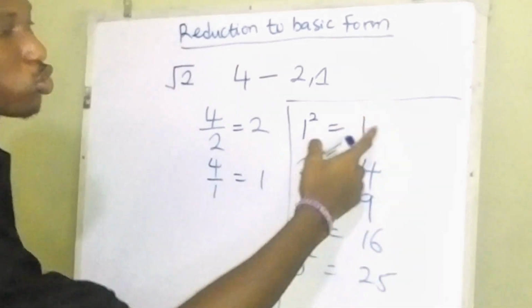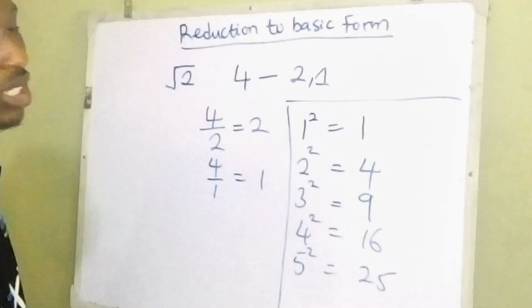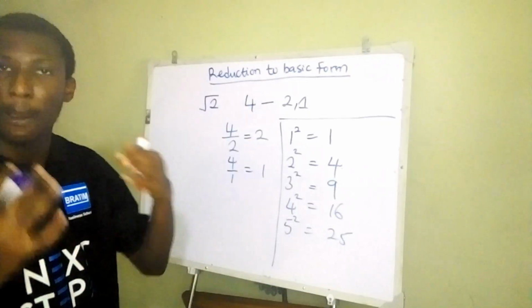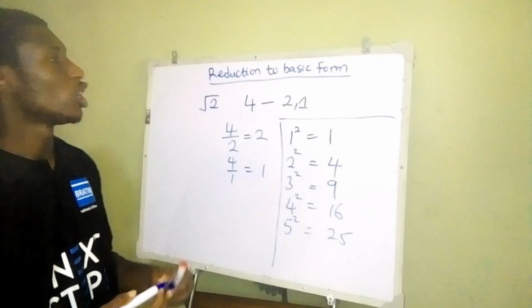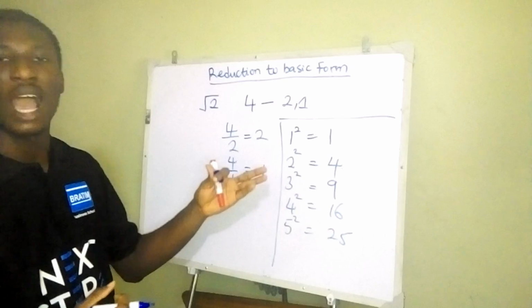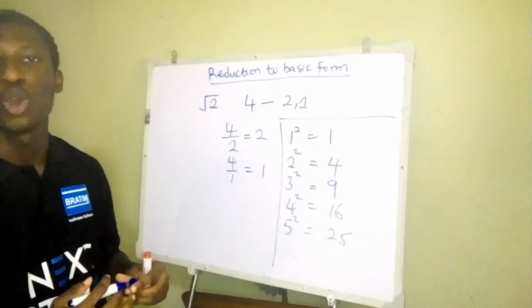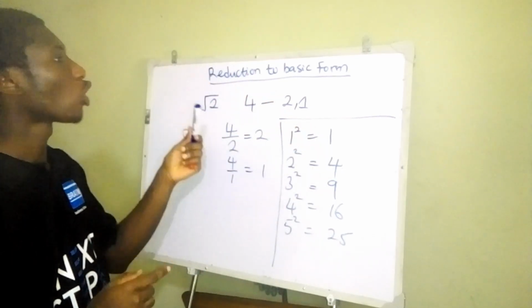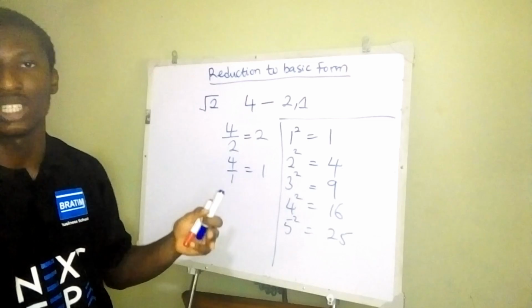All these numbers 1, 4, 9, 16, 25 are referred to as perfect squares. So the understanding of these terms will help us in the reduction of surds to their basic forms.